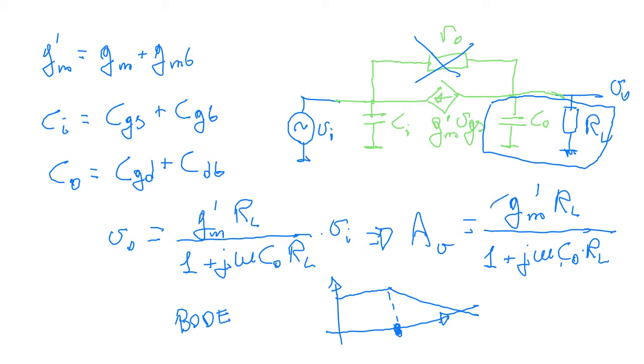In fact, by this divided by this. But the important thing is that the output is what is defining the output of the system, which is defined by these capacitances.